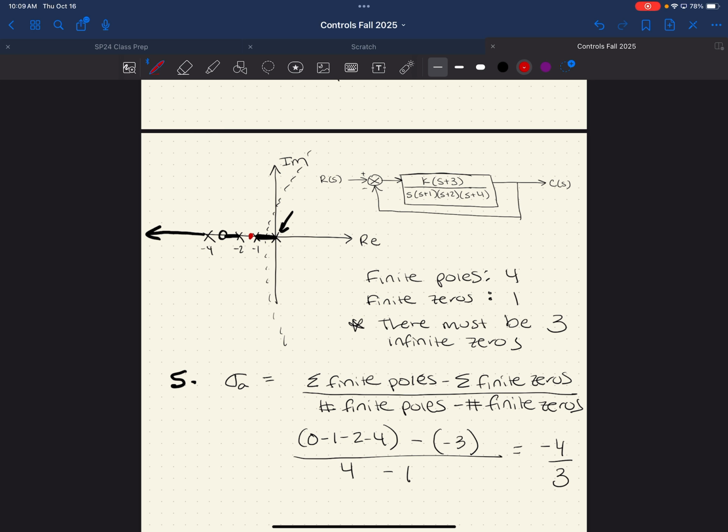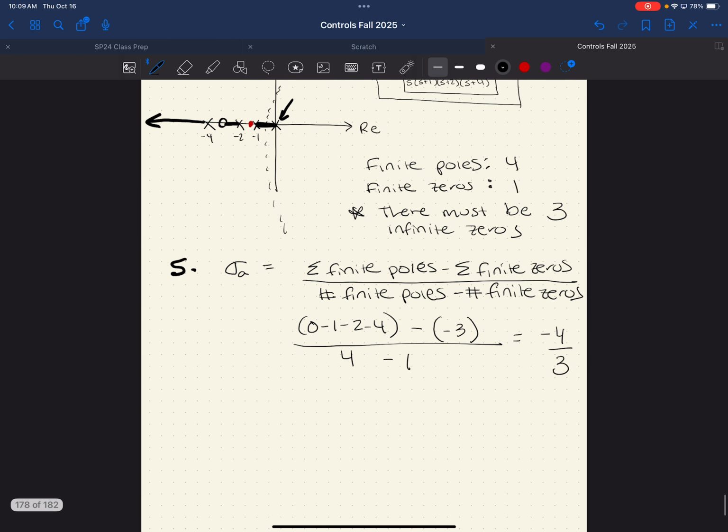Now we need to figure out what angle to draw those linear asymptotes at. We know they go through that point, but what angle do they go at?